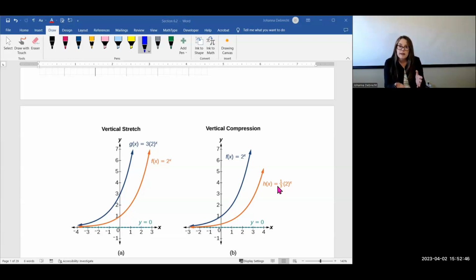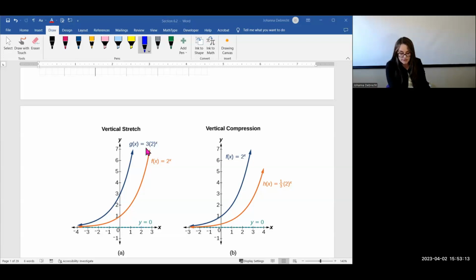If you multiply by a value greater than 1, it stretches the graph vertically, which means it goes up faster. So here, what you can see is the parent function, f of x equals 2 to the x, and then the vertical stretch, 3 times 2 to the x. That initial value is actually a vertical stretch or compression value.